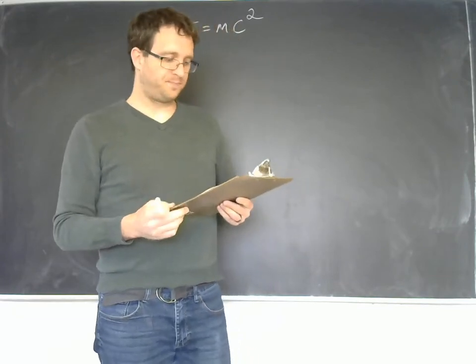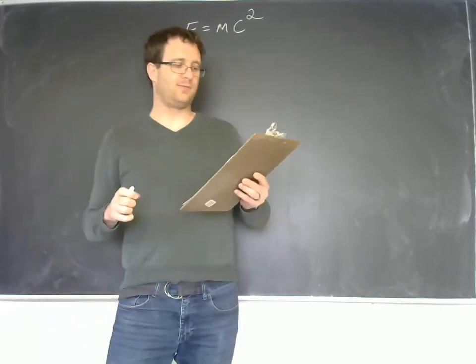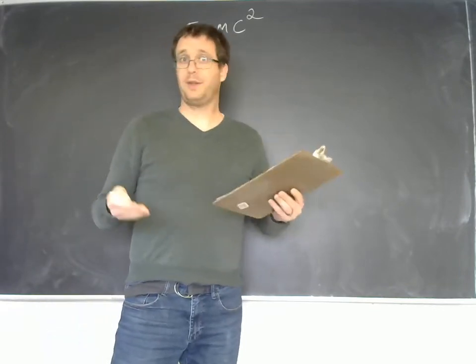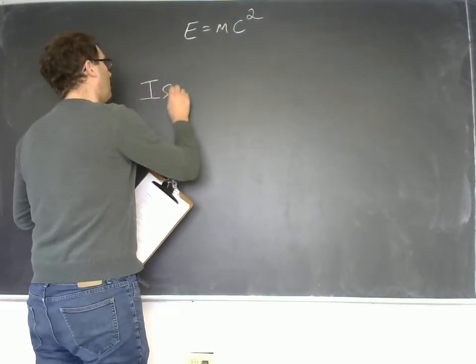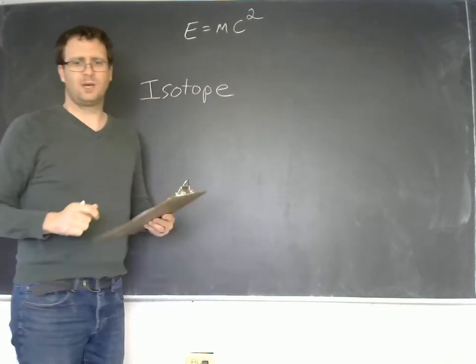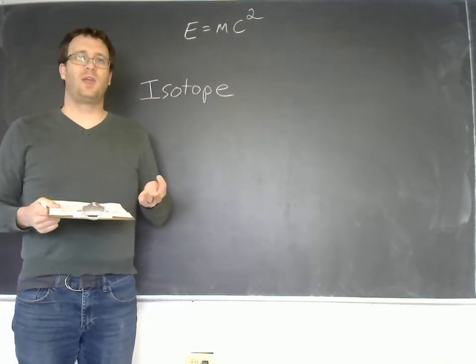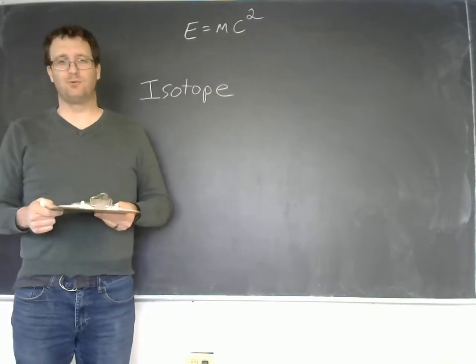One other quick little bit of vocabulary, and then we'll dive into nuclear chemistry. We've been talking about isotopes. Isotopes are the different forms of an atom that have different numbers of neutrons.